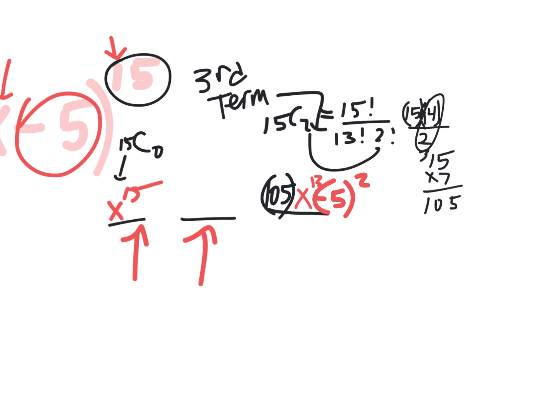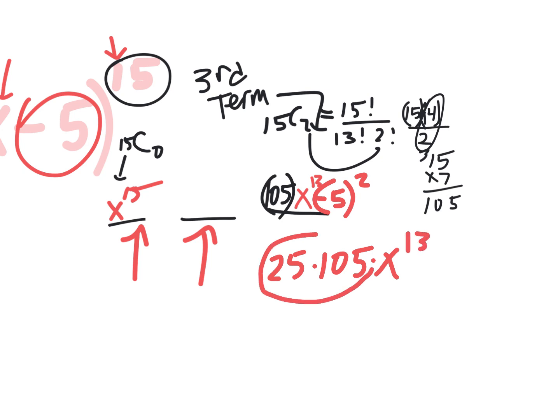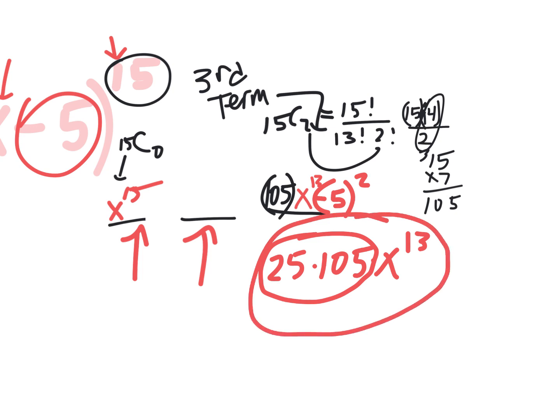The negative got canceled off. So then it's 25 times 105 times x to the 13. I'm just too lazy to multiply those two out, but there you go. And this part right here is called the coefficient. This was the x to the 13 term. Any questions?